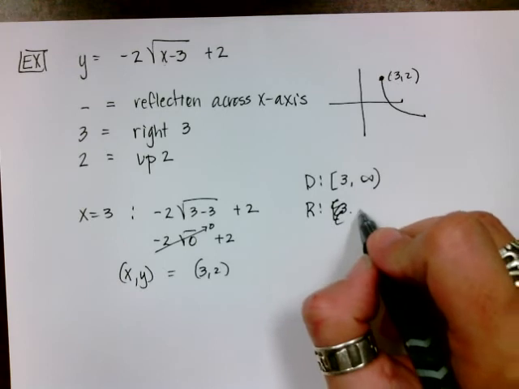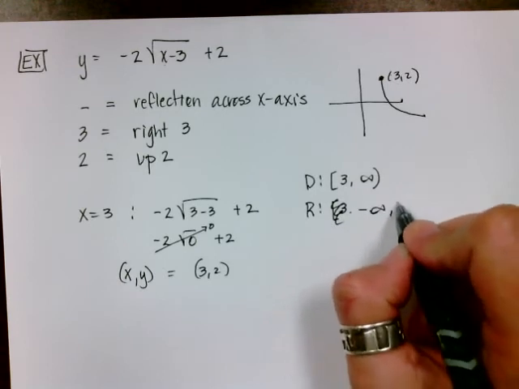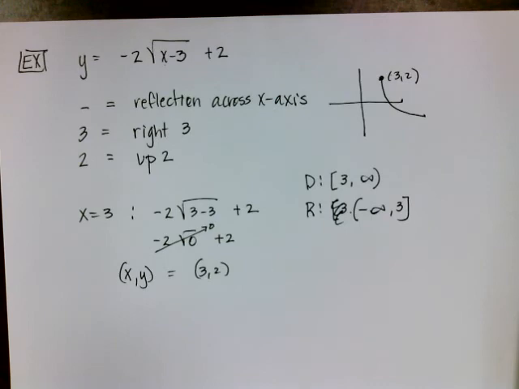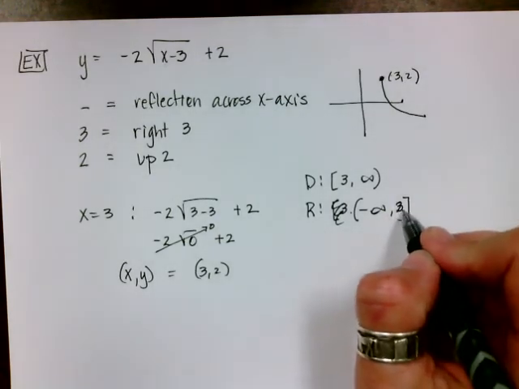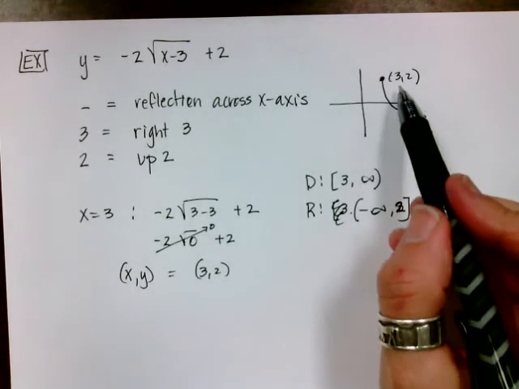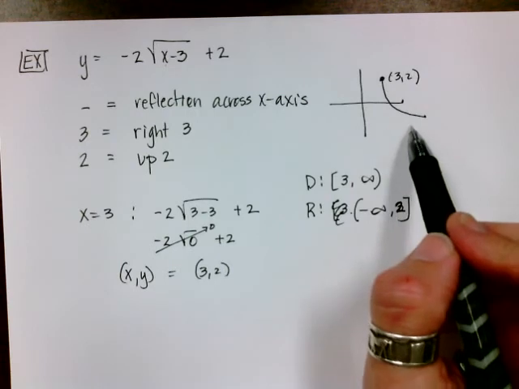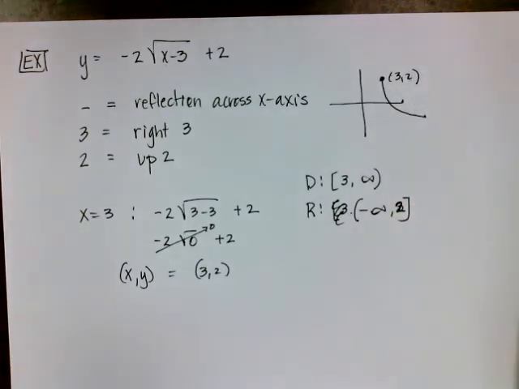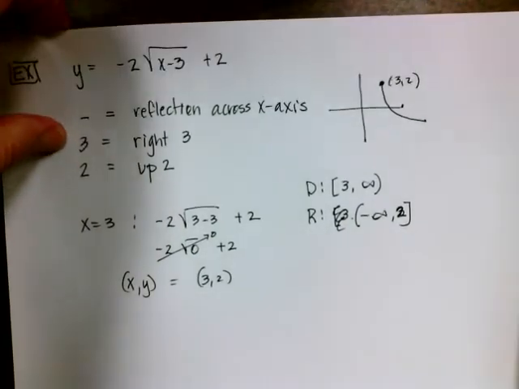We go from the bottom up. It's going to go from -infinity to 3, and it stops at the 3. Oh, and I said range. That should be a 2. Sorry. So my range, my y values, are coming up from the bottom, and they're stopping at y is equal to 2. So that's the end of the first video.